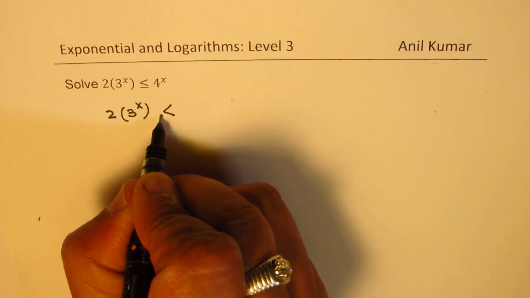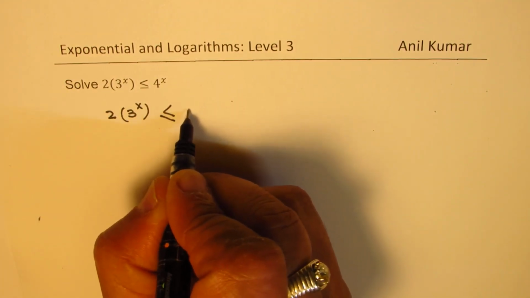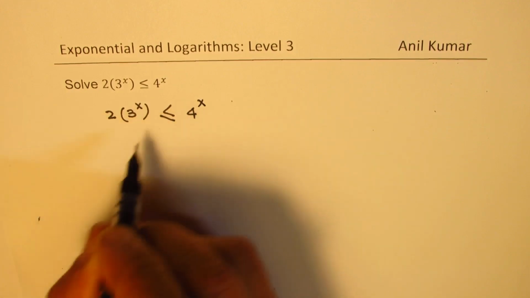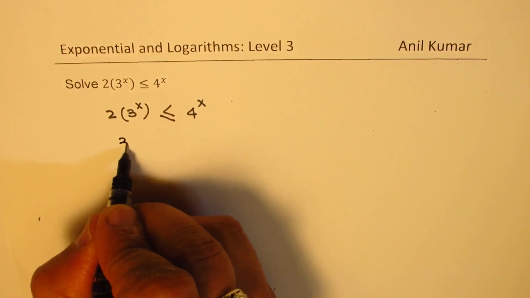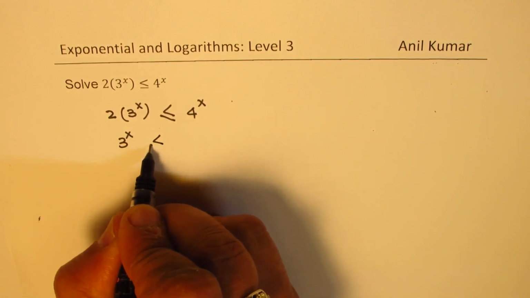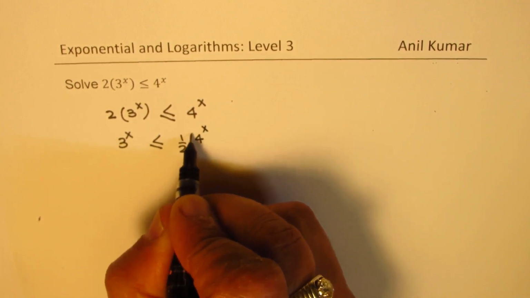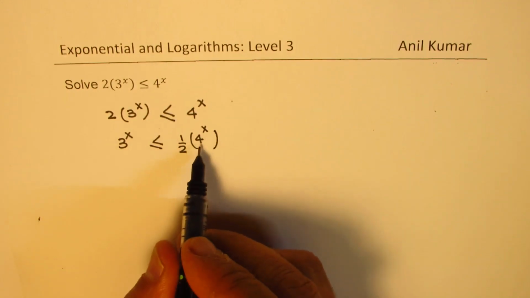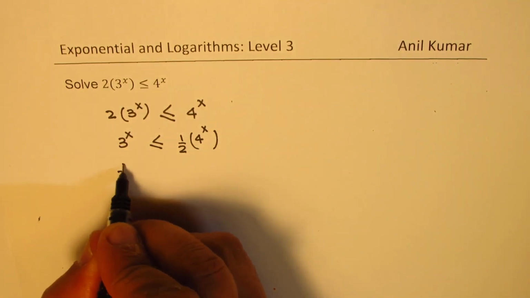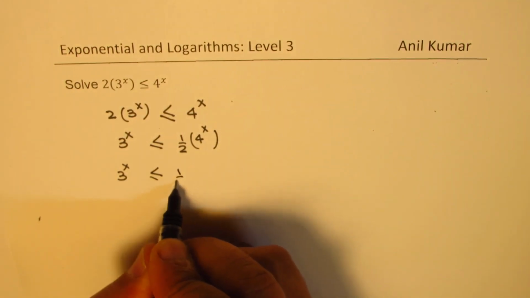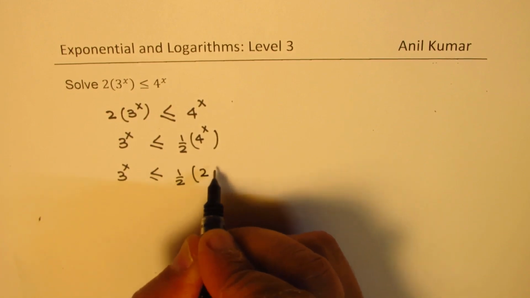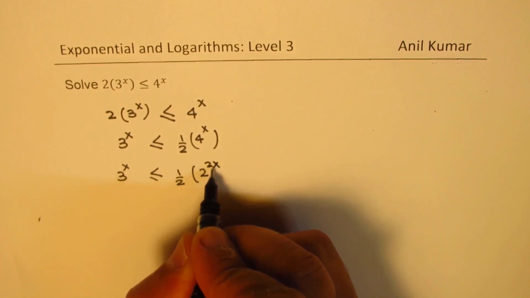So we have 2 times 3 to the power of x less than or equal to 4 to the power of x. So let's divide by 2. So we get 3 to the power of x less than or equal to half of 4 to the power of x, correct? Now 4 could be written as a power of 2. So we could write this as 2 to the power of 2x, correct?